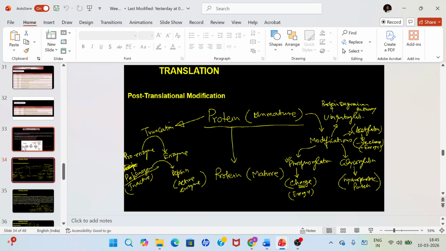There are many things, and all of these things are dependent upon the post translational modification of the proteins, because when the protein is synthesized, it is very immature, and when it gets mature, it needs to be modified post translationally. So there are many types of post translational modification.